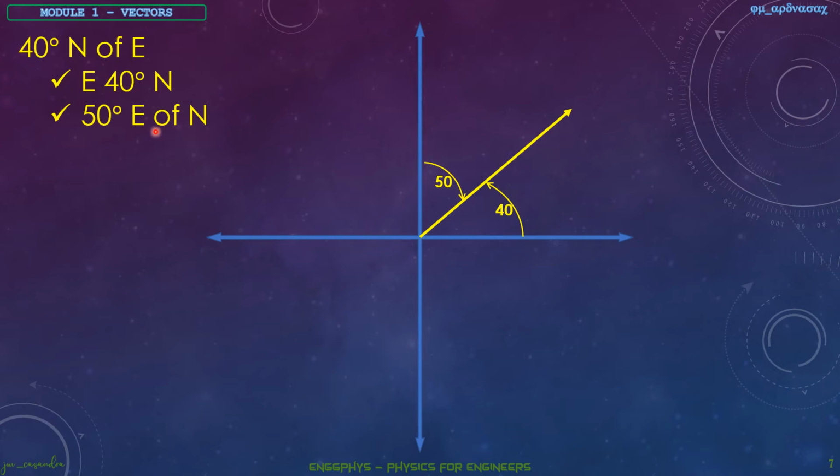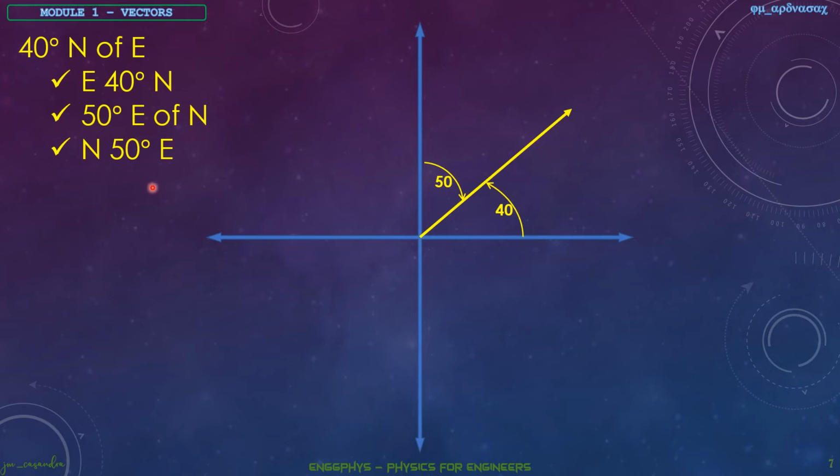Kung saan yung off, doon nag-start. Or again, this can be written as north 50 degrees east. Pag may off, doon nag-umpisa. Pag walang off, kung ano yung una, doon tayo mag-uumpisa ng measurement.